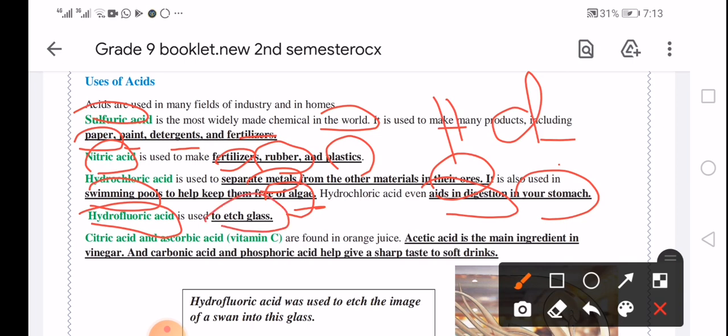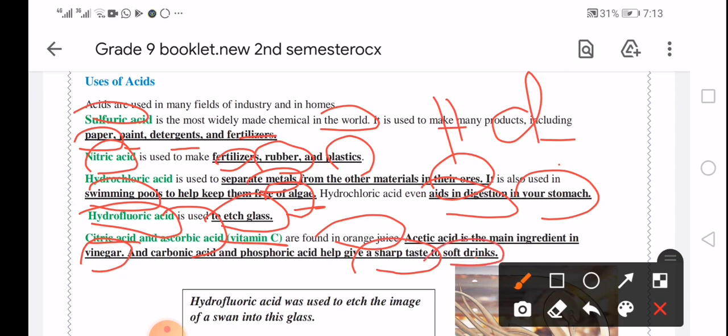Citric acid and ascorbic acid, which is vitamin C, which is also an acid, are found in orange juice. Acetic acid is the main ingredient in vinegar. And carbonic acid and phosphoric acid help give a sharp taste to soft drinks.